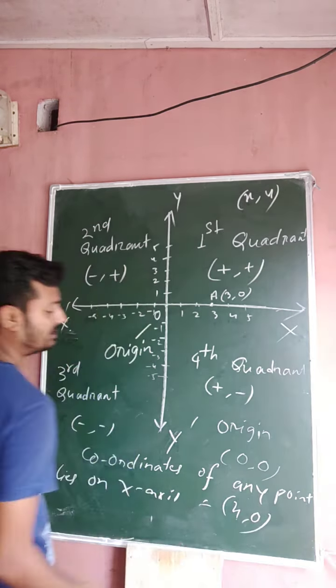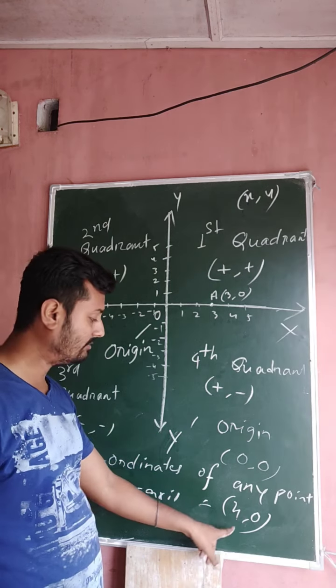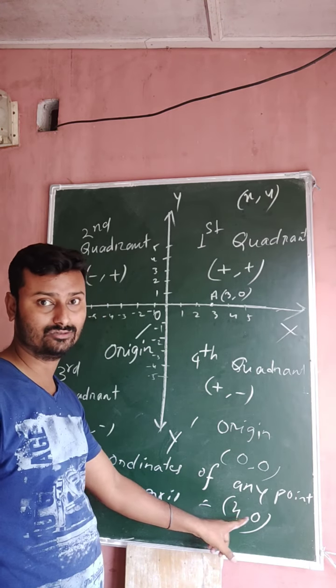If you take the point here, then the value of x will be 5. But always remember one thing, y always remains 0. That means on the x-axis the value of y is always 0, and the value of x depends on which value you take. That is why the formula is (x, 0).